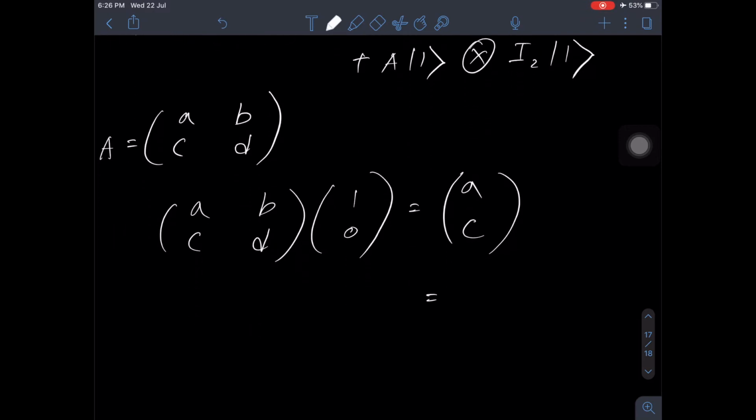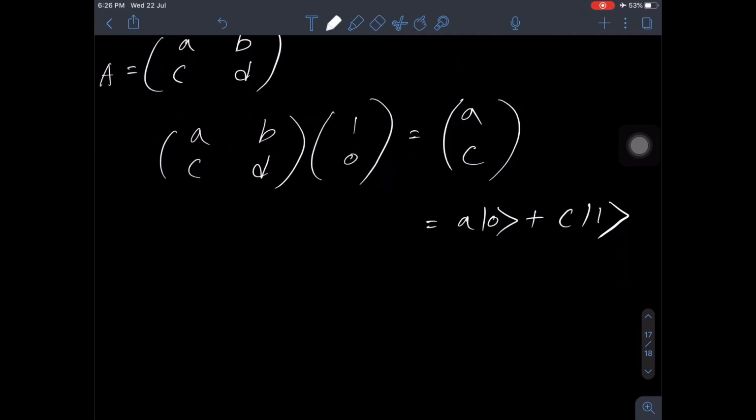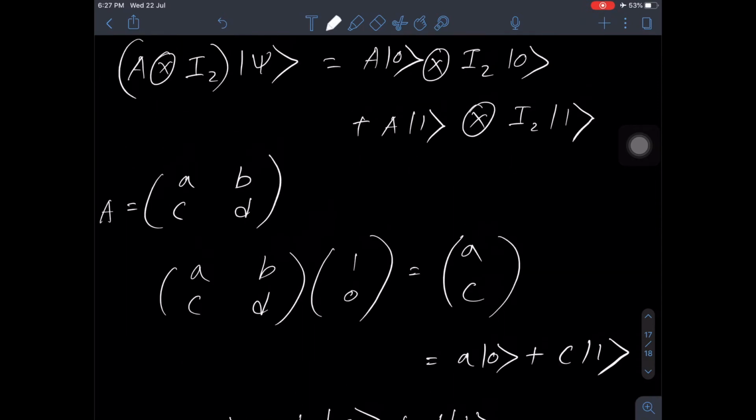So you can write it as a times 0 plus c times 1. Similarly, you can calculate by yourself that A times 1 should give you b times 0 plus d times 1. All right, now you can plug these results in.